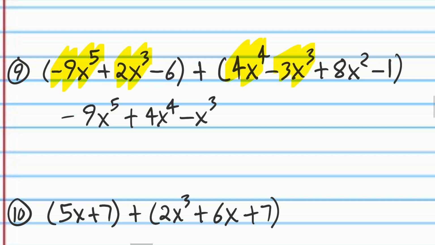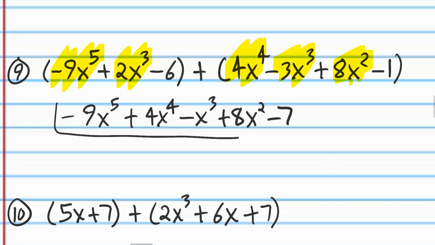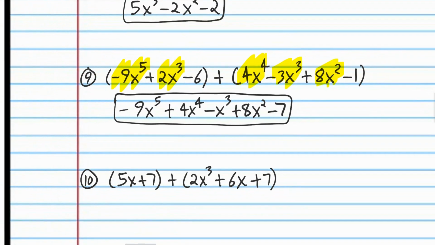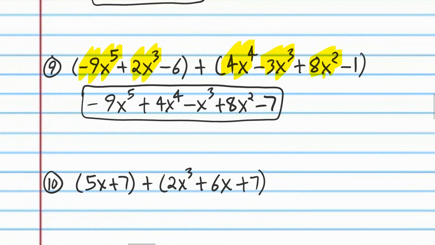And nothing to combine with the squared term. And then we have negative 6 plus negative 1, which is negative 7. Or you can think of that as negative 6 minus 1, and you get the same thing. All right, so if you got that answer, good job.